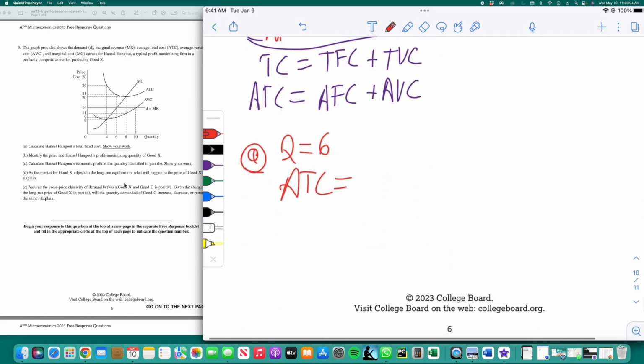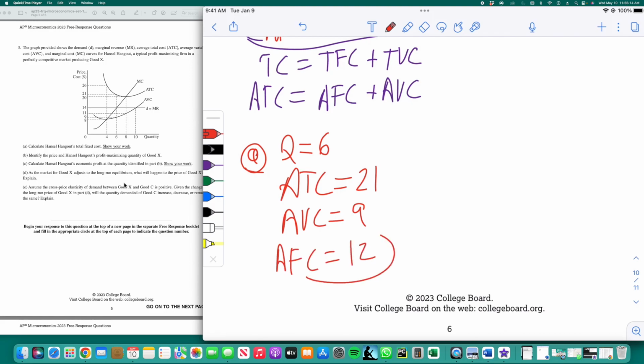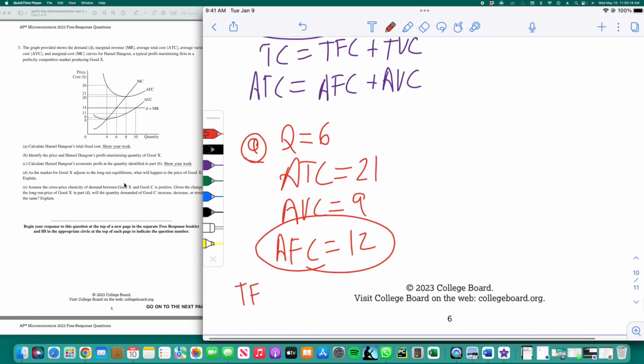So ATC is 21, AVC is 9. That means the AFC is 12. So if the AFC is 12 and the quantity is 6, that has to mean the total fixed cost is 72.